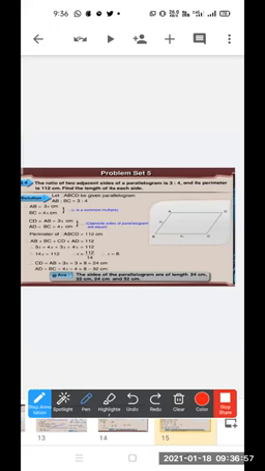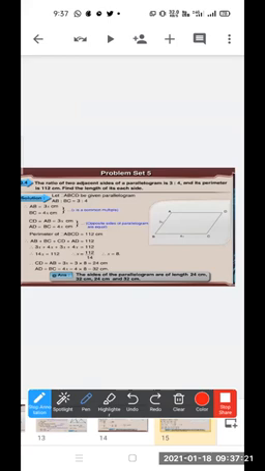Let quadrilateral ABCD be the parallelogram. The adjacent sides are in the ratio 3:4, so let x be the common multiple. We take them as 3x and 4x.